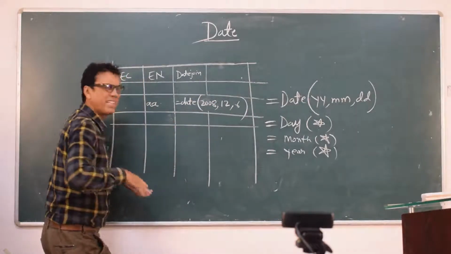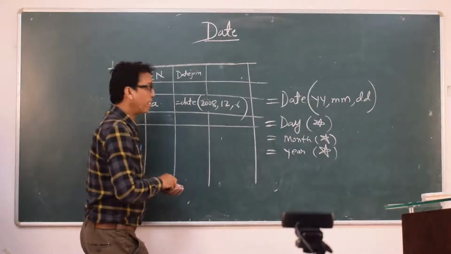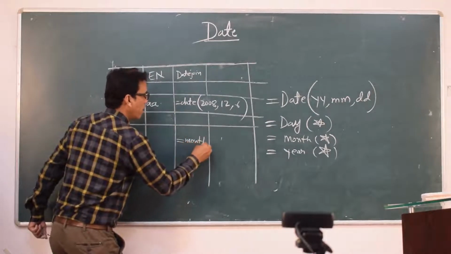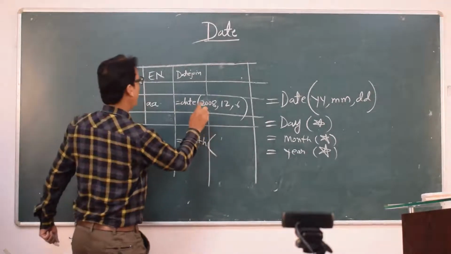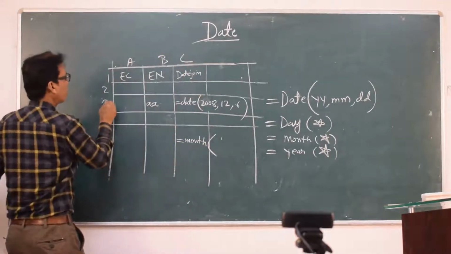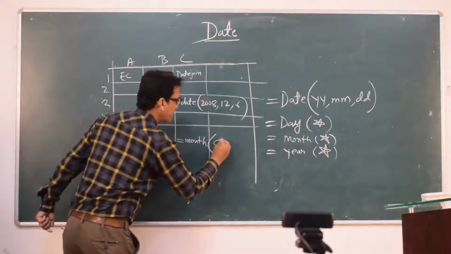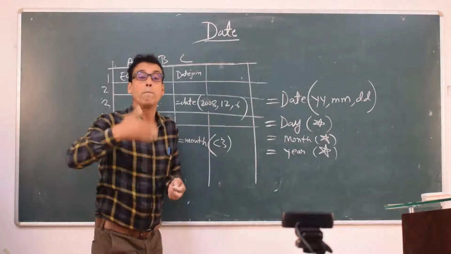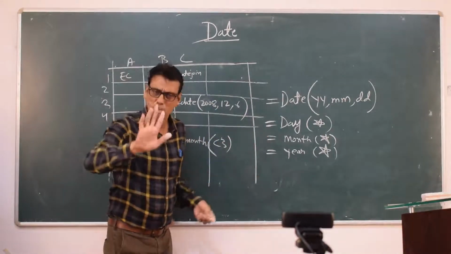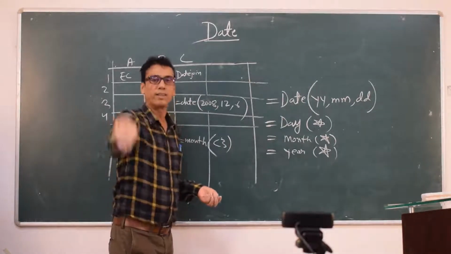If I want to know the month, though it is a very ordinary question, the month is already there, but if you want to know the month, type equals month, and refer to this cell address. A, B, C, 1, 2, 3, 4. What is the cell address of this cell? C3. Just say C3. It will return only the month. It will return 12. These look like very simple functions, but the powerful functions have now turned up.